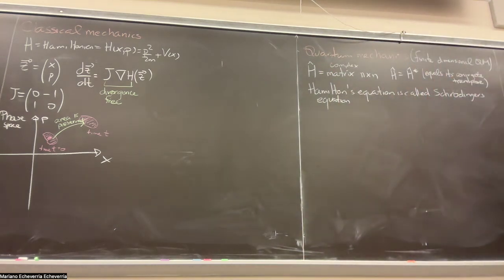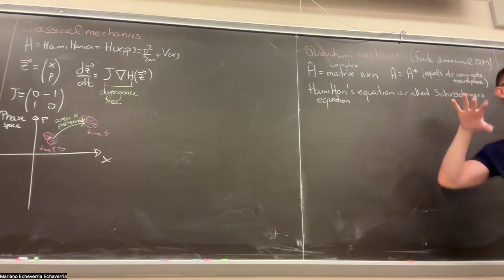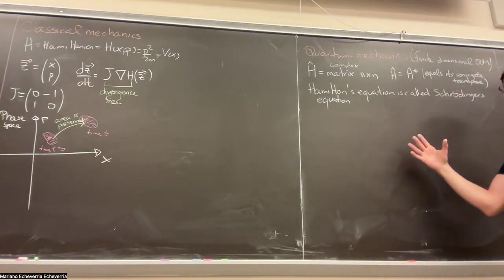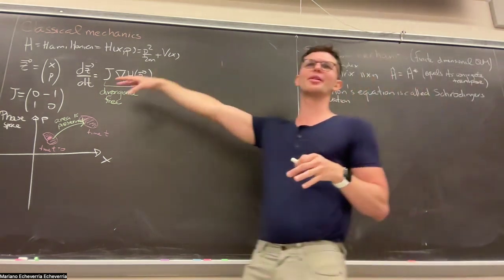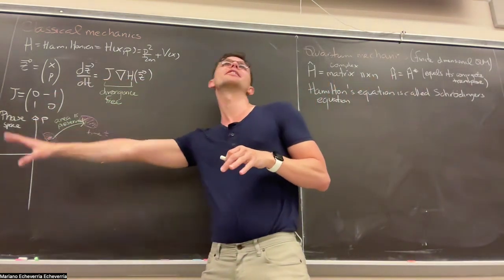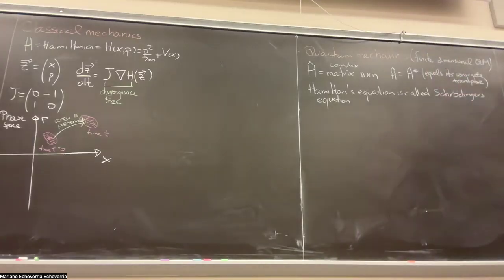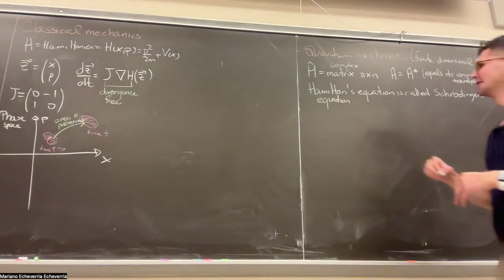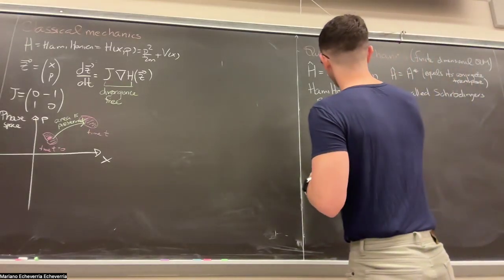If you are interested in understanding what's going on physically, this is no longer an equation for position or momentum. It is a bit more tricky than that. It is an equation for something called the wave function.